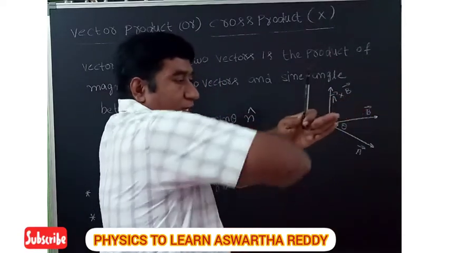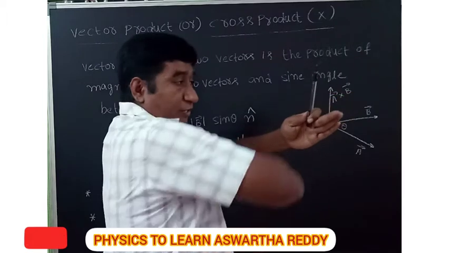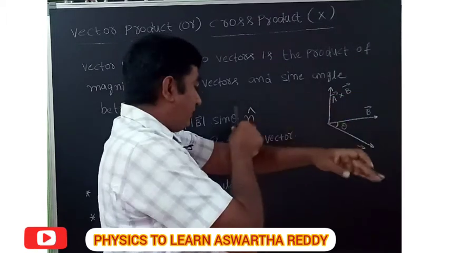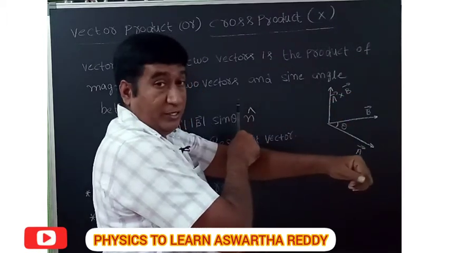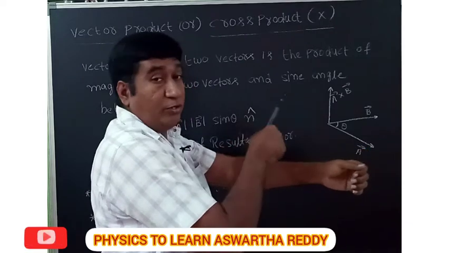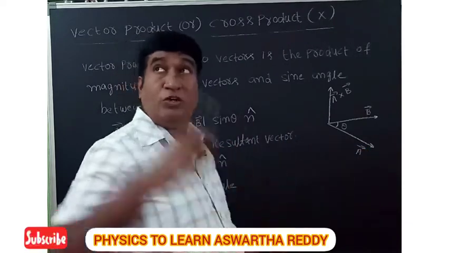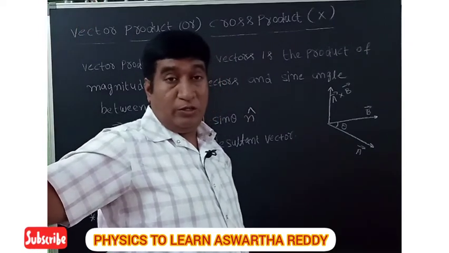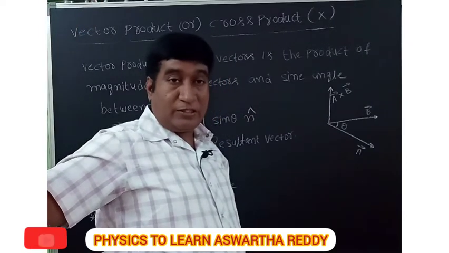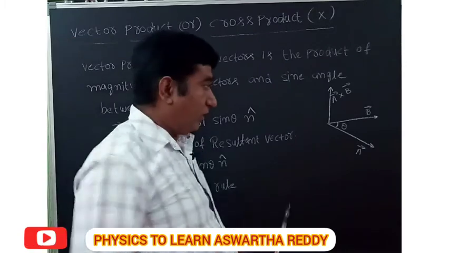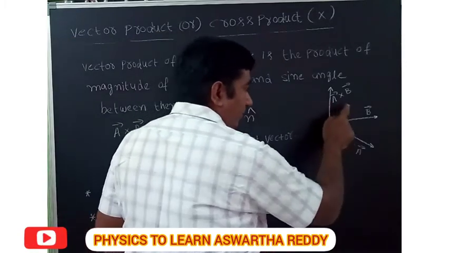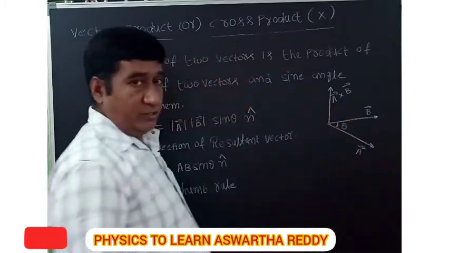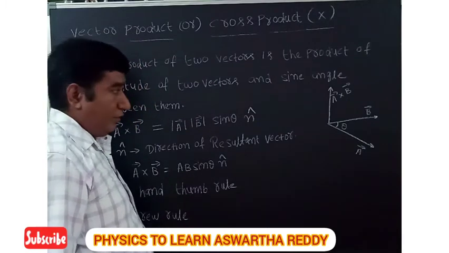A vector cross B vector, if it is moving toward this side, the resultant we get is like this, perpendicular to both. If you see the x-axis, y-axis and z-axis, the z-axis is perpendicular to both, like this. Here the resultant will be perpendicular to both the vectors.